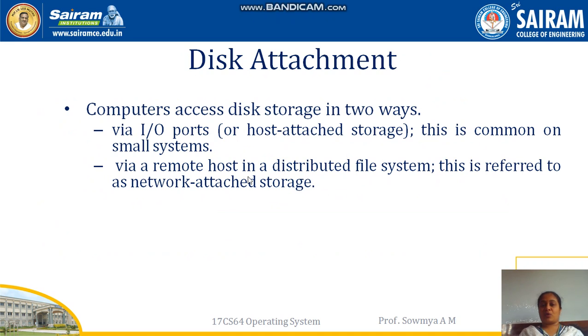If it is a remote host in a distributed file system, this refers to the storage system being outsourced, where many systems use a single secondary storage device, and then remote host is used for disk attachment.